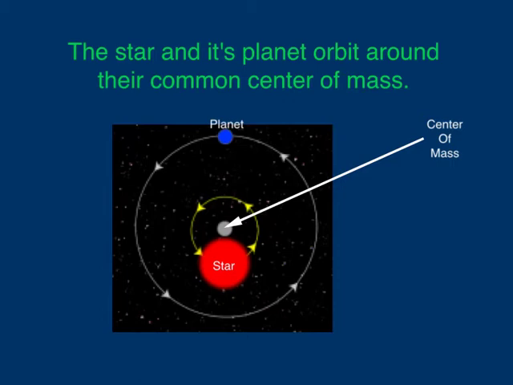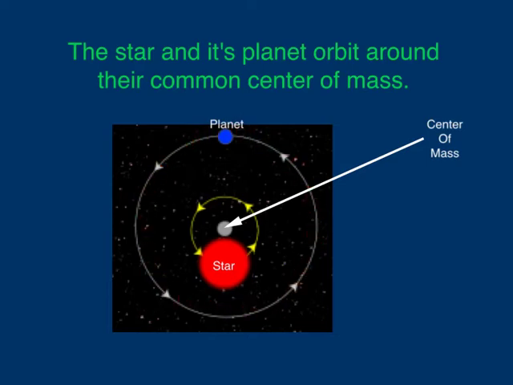Sometimes the center of mass is actually within the star, kind of toward the edge of the star. But what happens is that this center of mass is going to be the center of the orbit. And so the star is going to orbit like this, and the planet is going to orbit like this.